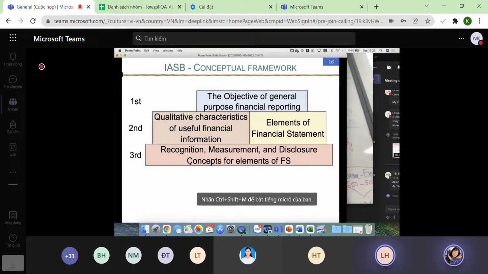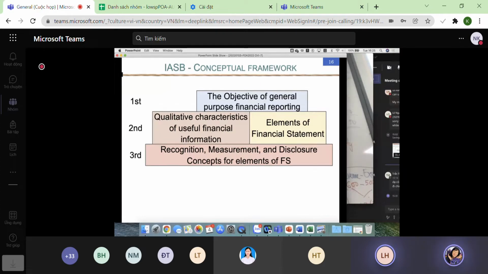And the third level of the conceptual framework mentions how to measure, how to recognize, how to record, and communicate the information of these five elements of financial statements. How can we recognize or measure or disclose the elements of financial statements?